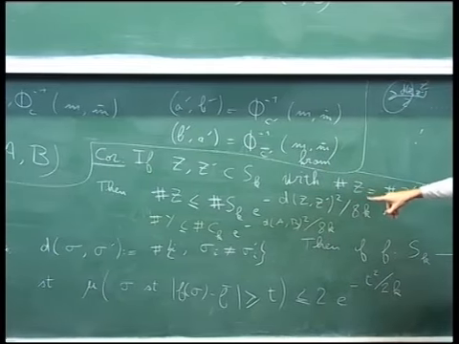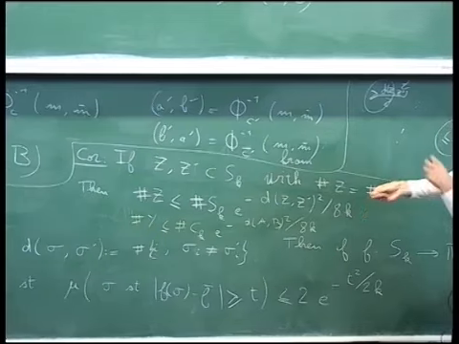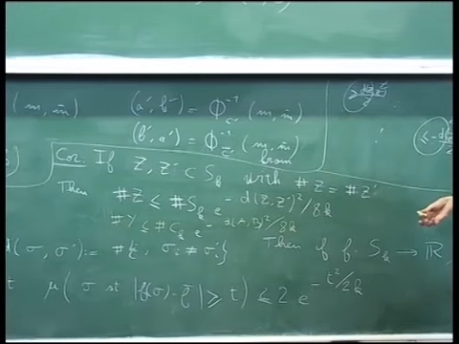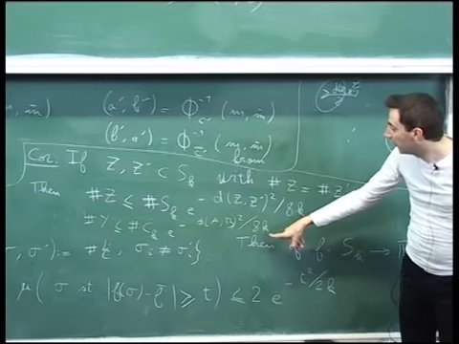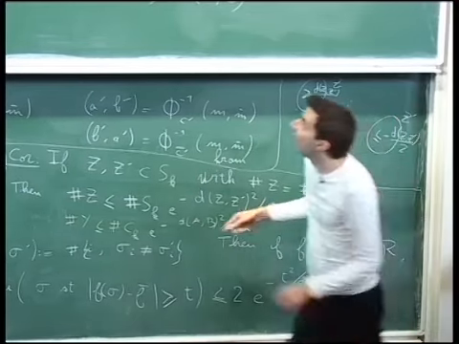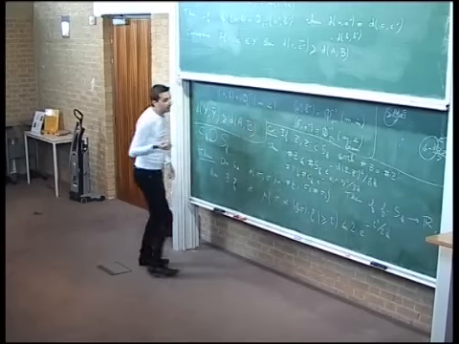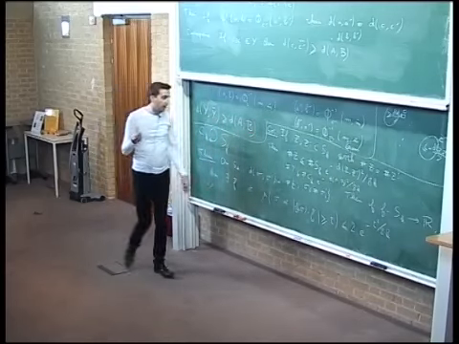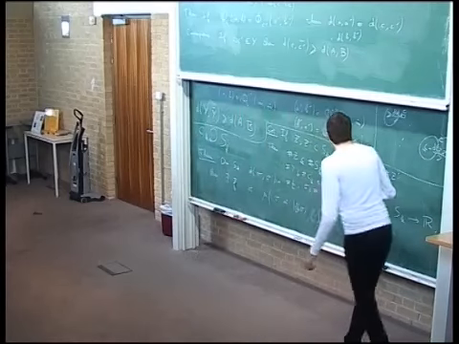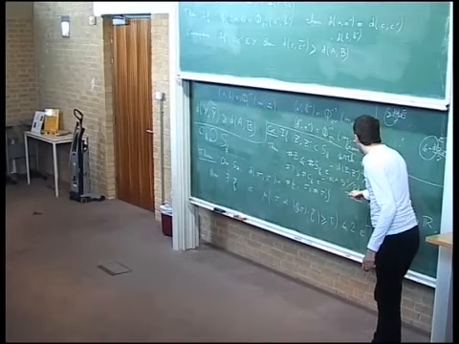k was the distance between m and m bar. It's also the distance between the points A and B. And so the worst value is for k. It's a distance in the cube, so it's at most n. And so the worst value you get is when k equals n.